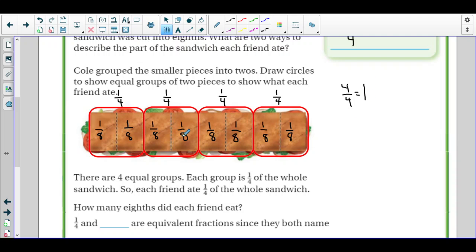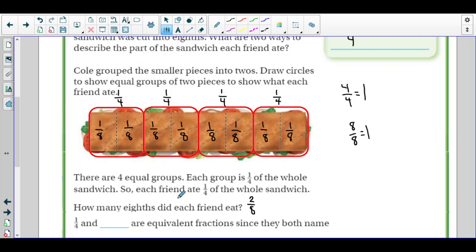1, 2, 3, 4, 5, 6, 7, 8 over 8 also describes the whole sandwich. So going back to this one, how many eighths did each friend eat? Well, they ate 2 eighths. So when one friend ate this quarter section, or 1/4, it was actually 1/8 and then another 1/8, which makes it 2 eighths.